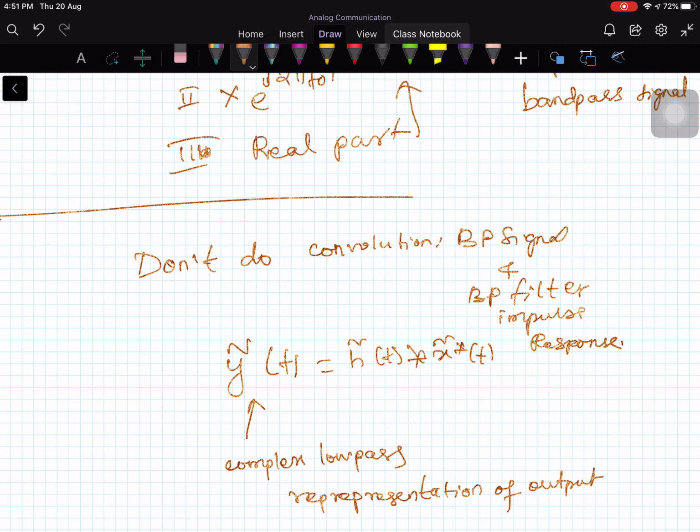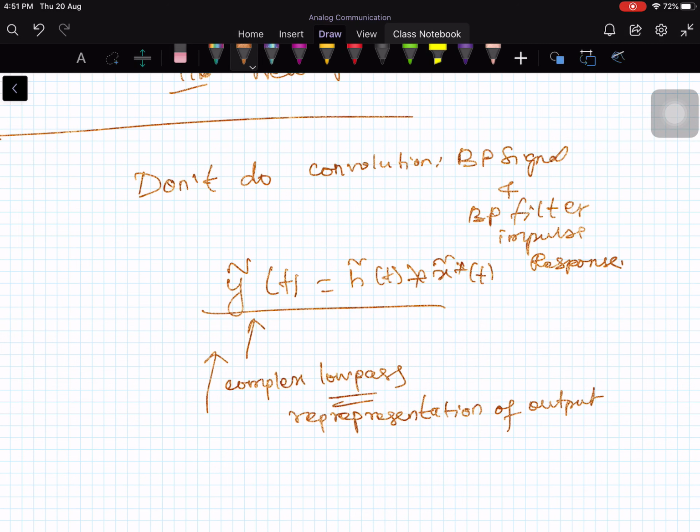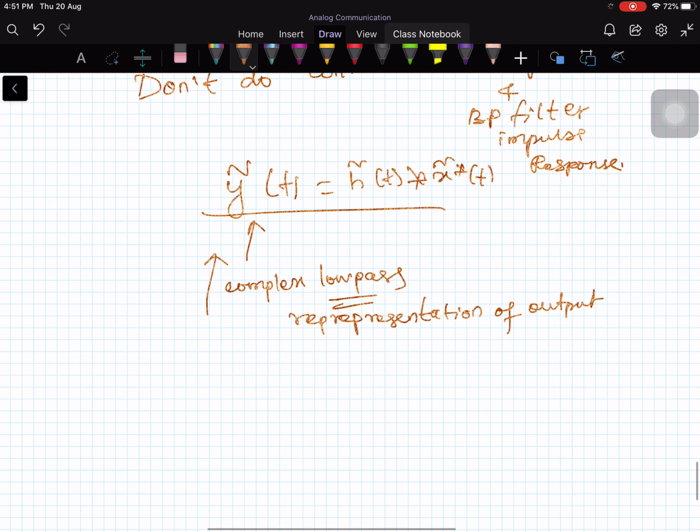This is also a low pass representation, but we need a band pass. Then what you do, you take y tilde of t, multiply with e to the j 2 pi f naught t, and take the real part of that.